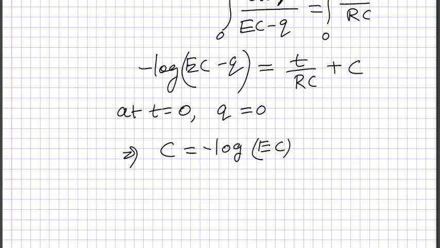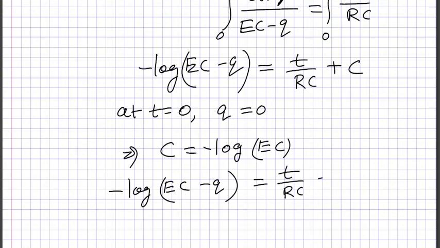Substituting this in the equation, we get minus log (EC minus q) is equal to t by RC minus log EC.